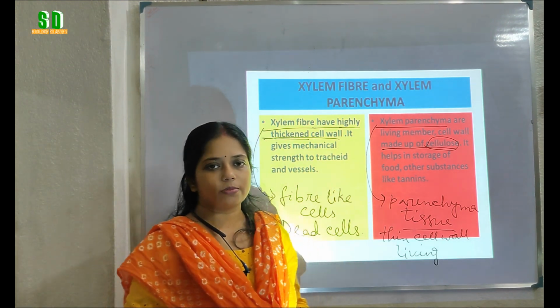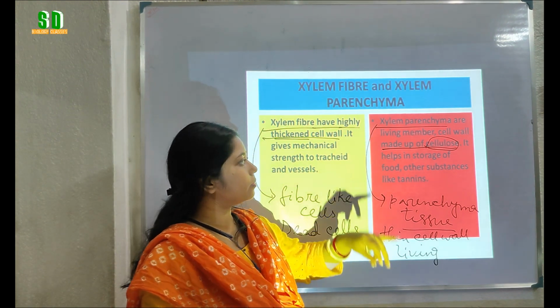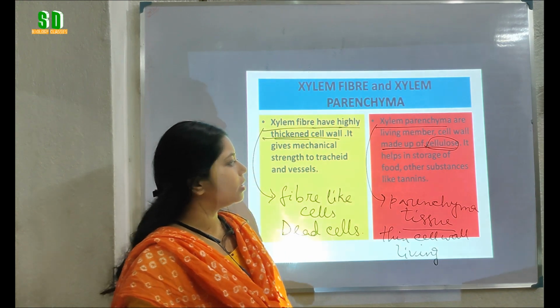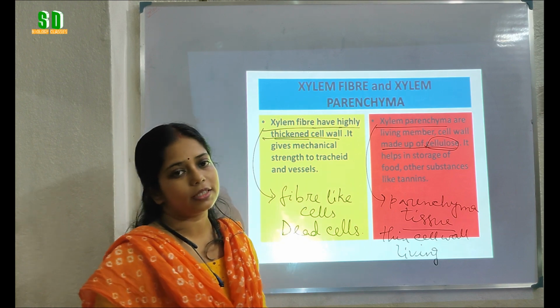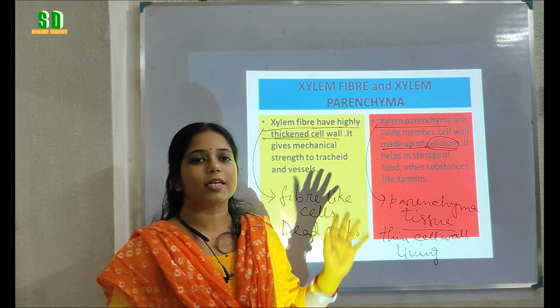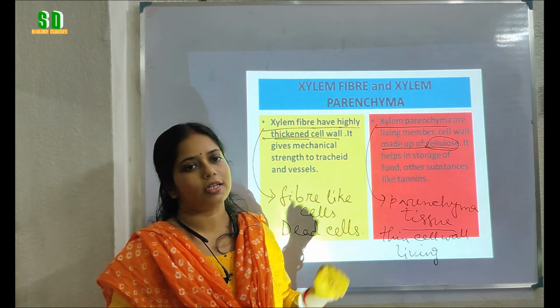So what is the function of the xylem parenchyma? It helps in the storage of food and other substances like tannins. So these are the four members of the xylem tissue.